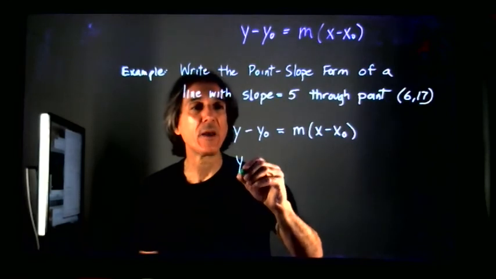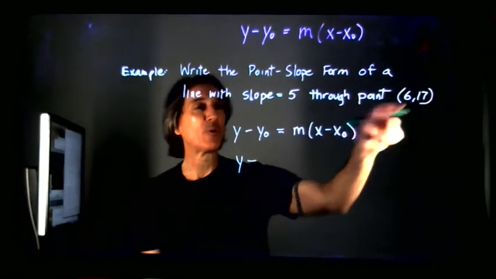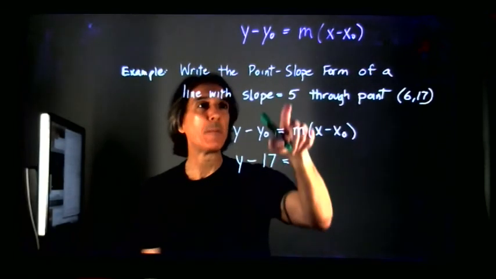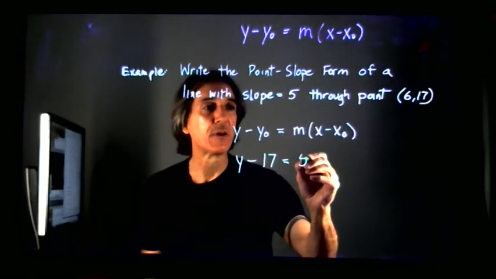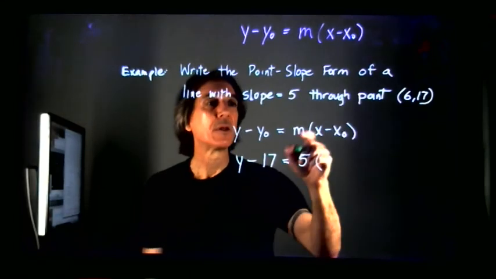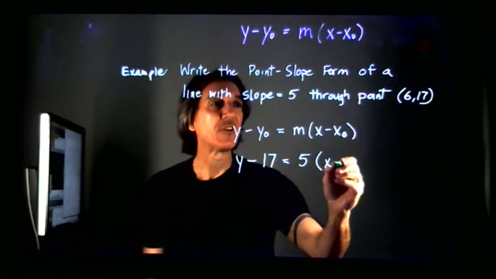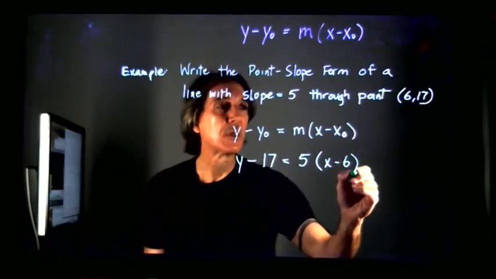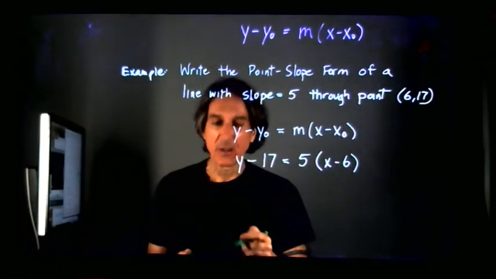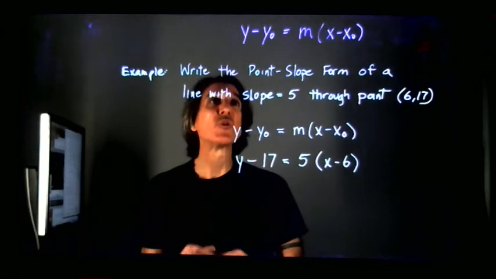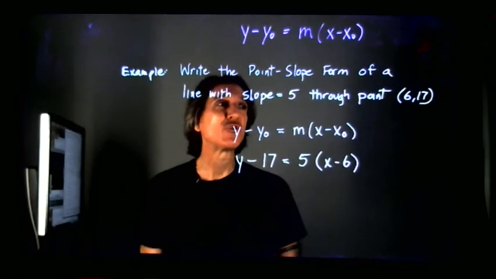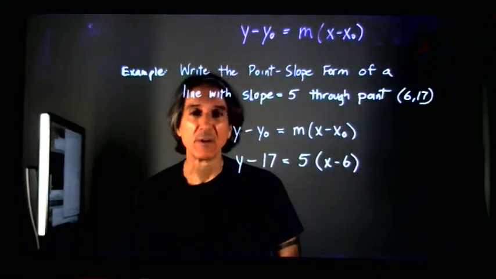So y minus y0 is going to be y minus 17, is equal to m, but m is equal to 5, times x minus x0, but x0 is 6. And that is the point-slope form of a line with slope 5 that passes through the point 6, 17.